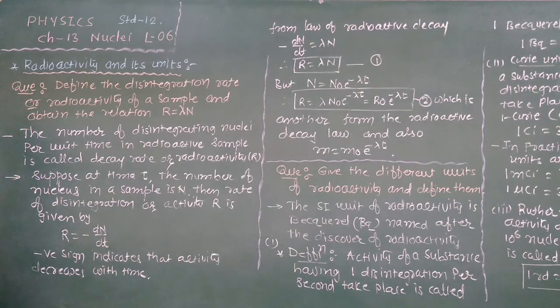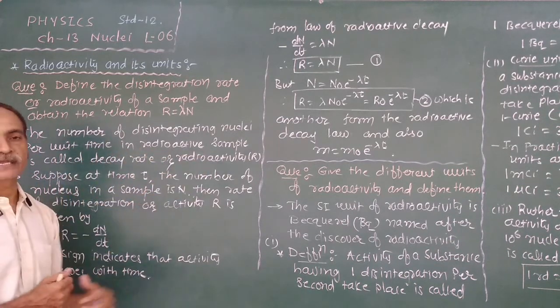Now, the number of disintegrated nuclei per unit time in a radioactive sample, that means the rate of disintegration, is known as the decay rate or the radioactivity R.